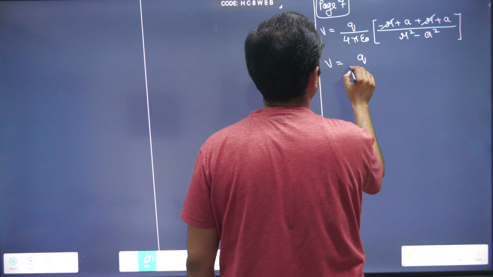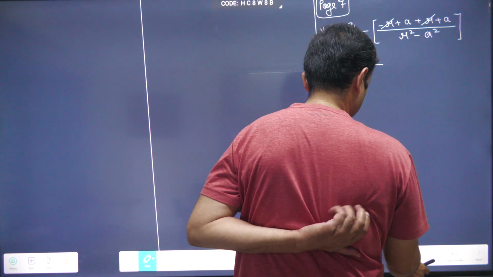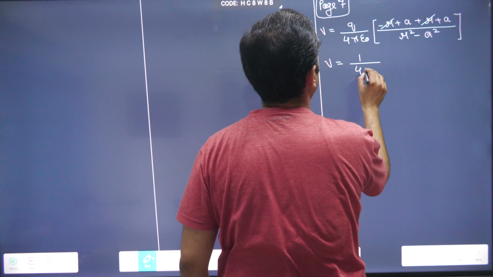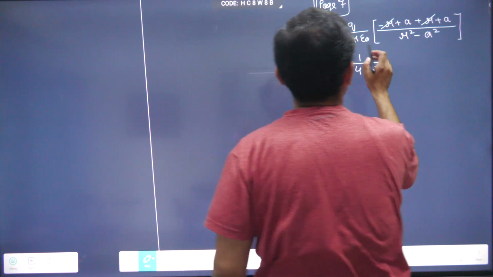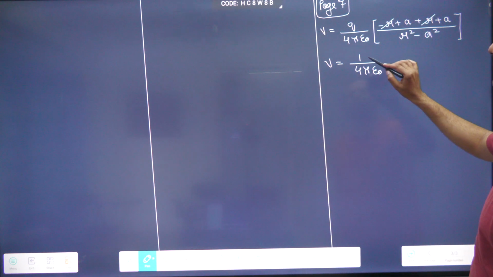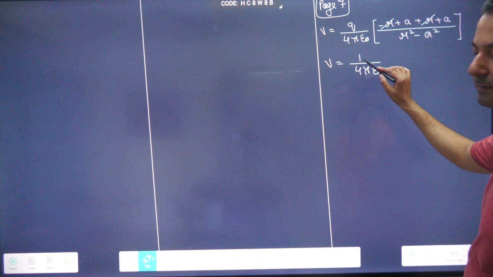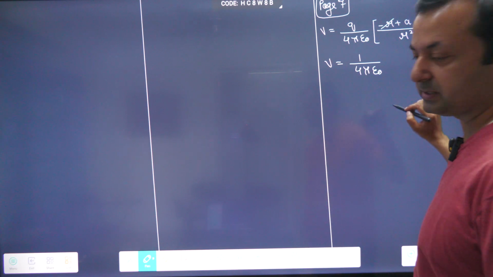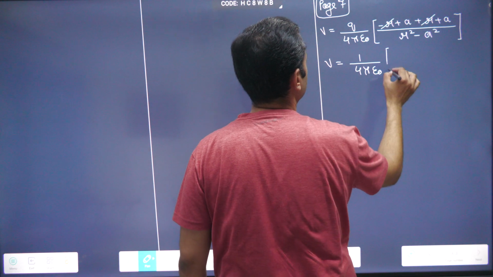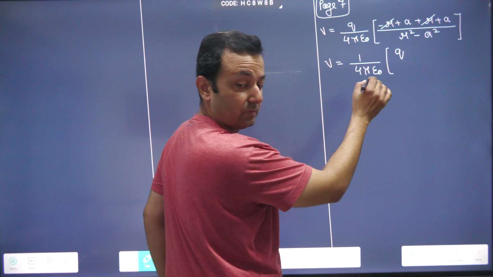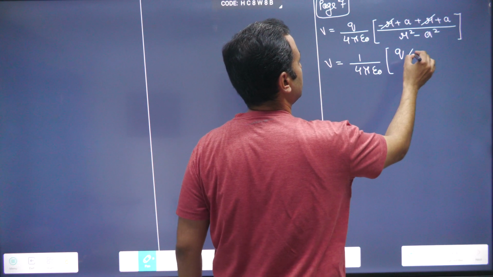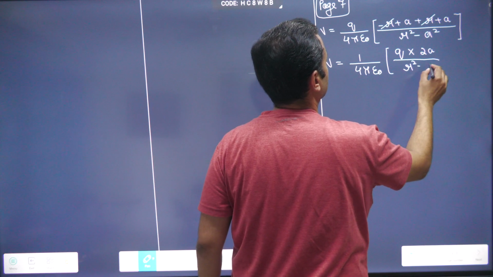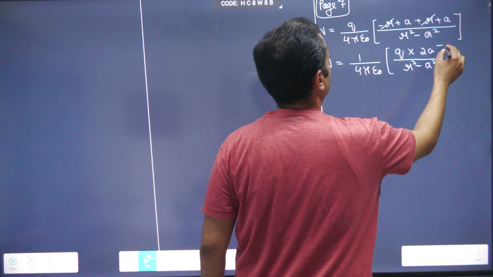V is equal to 1 upon 4 pi epsilon naught, and I am taking this q inside the bracket. A plus a is 2a. So V is equal to 1 upon 4 pi epsilon naught q multiplied by 2a upon r square minus a square.